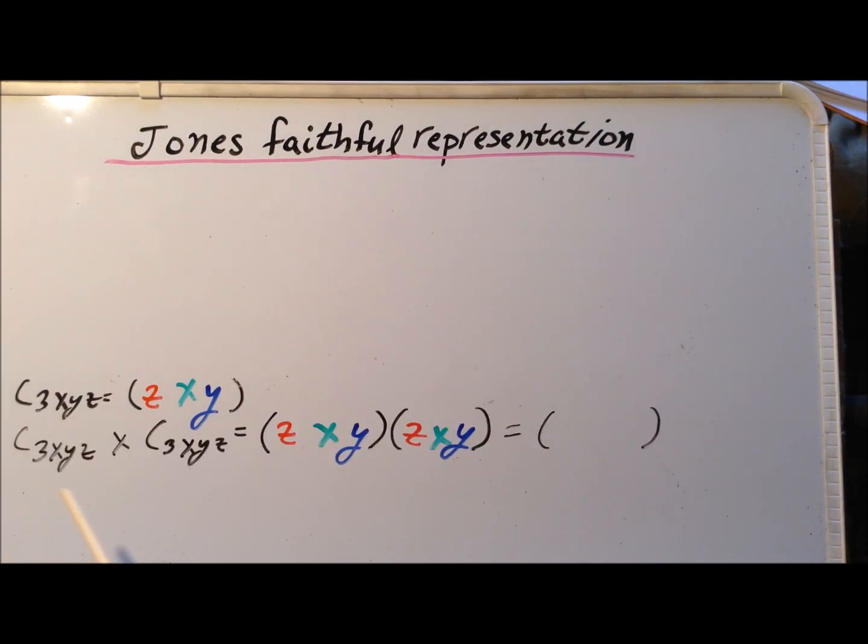So C3xyz times C3xyz is going to be zxy times zxy. And let's see what that gives us as a result. Well, z is our first expression here. That means take whatever the third character is and write it down exactly as it is. So the third character here is a y, so we write down a y for the product.